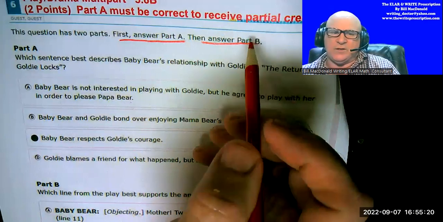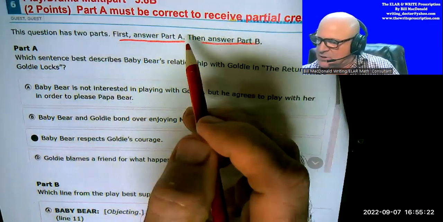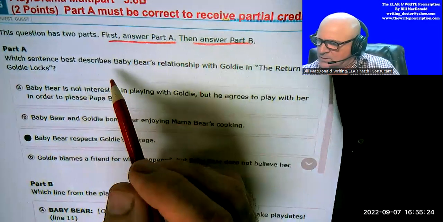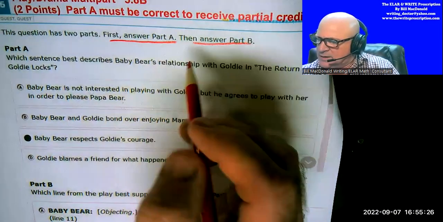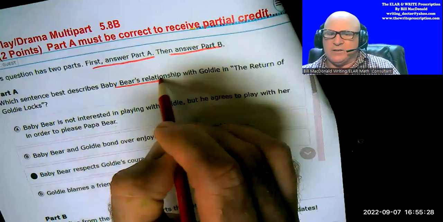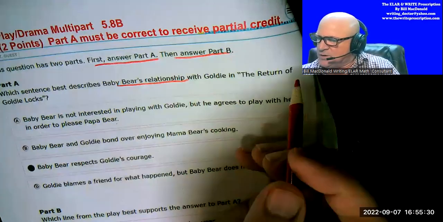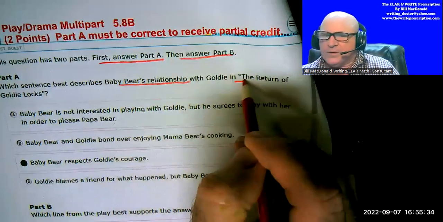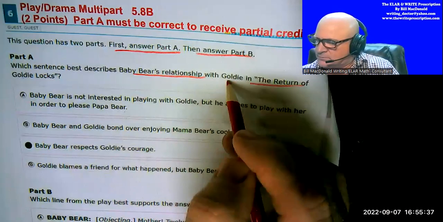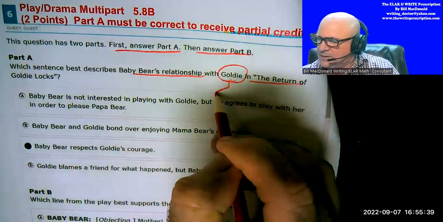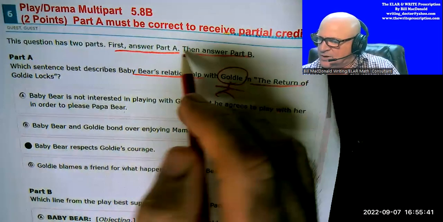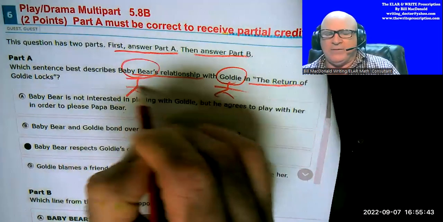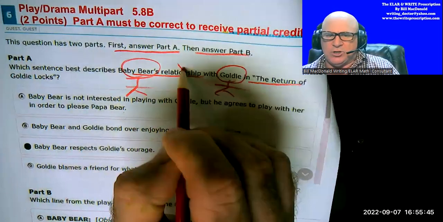Which sentence best describes Baby Bear's relationship with Goldie in The Return of Goldilocks? What I want you to notice is that the two characters are Goldie and Baby Bear. When you have a relationship, you have some sort of connection to each other.